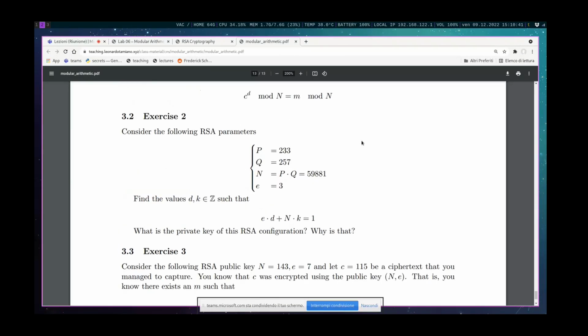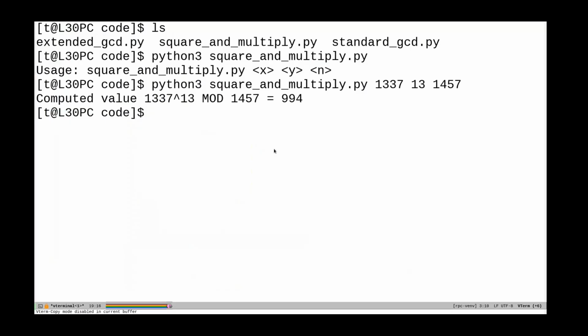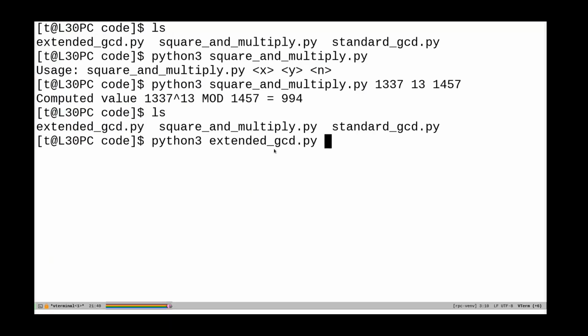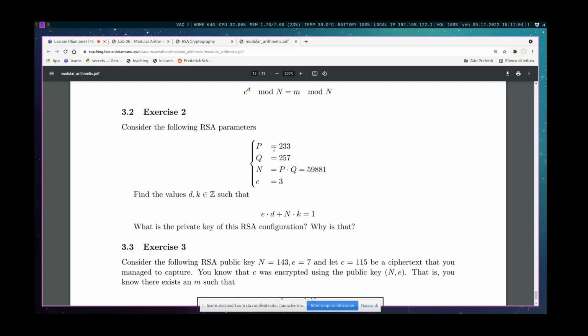And for example, for this order, find the value, the private key d. Well, you use the extended GCD, which requires two values, a and b. You put them in, and it gives you the expression such that a times x plus b times y equals the GCD of a and b. In this test, we want to compute the private key with this configuration.